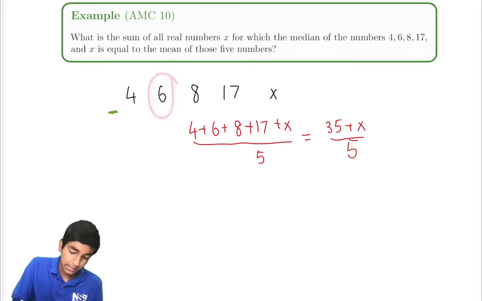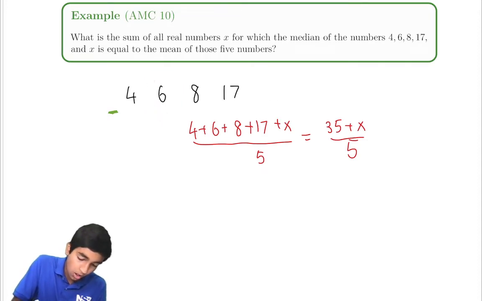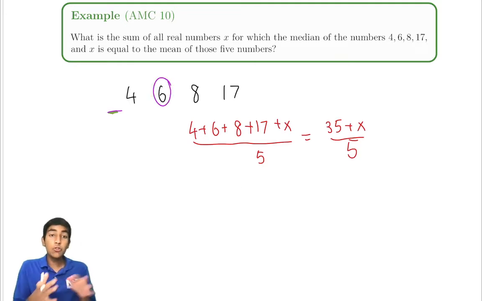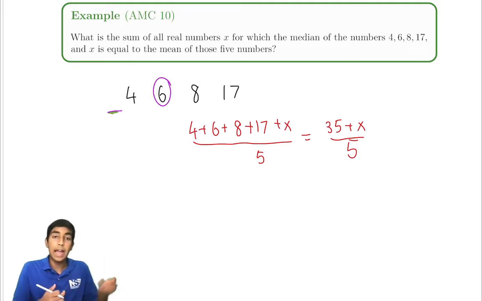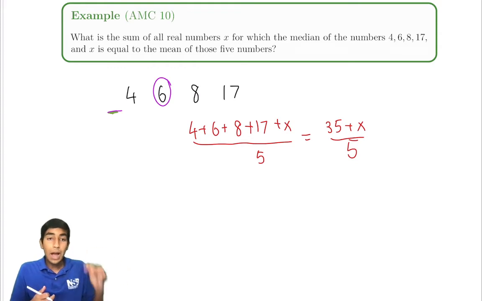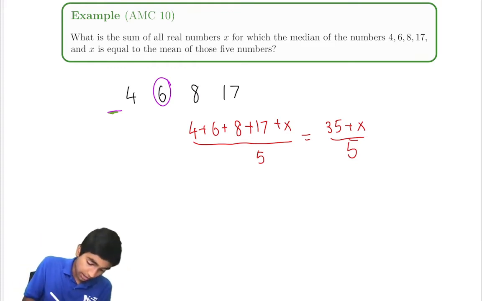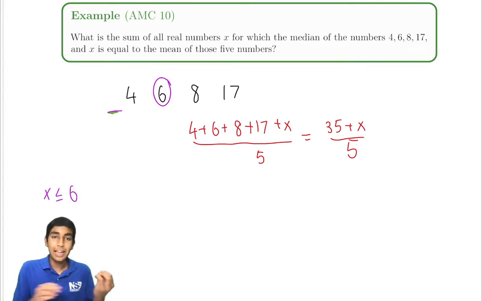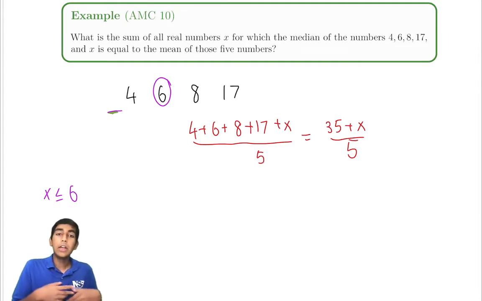If x is very, very small, it would be 6, because there would be 2 terms to the left of 6, 4 and x. So when is 6 the median? Whenever x is less than or equal to 6. Why? Because if x is less than or equal to 6, then there are always going to be 2 terms on the left side of 6. So it will be the third term, and that will be the median.